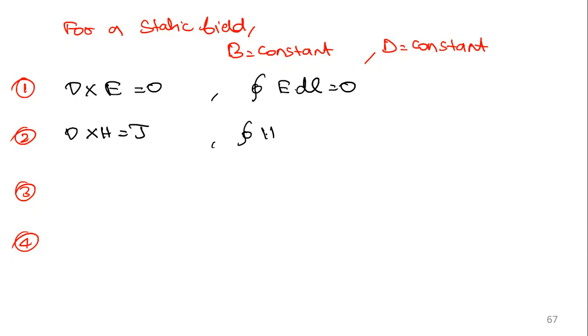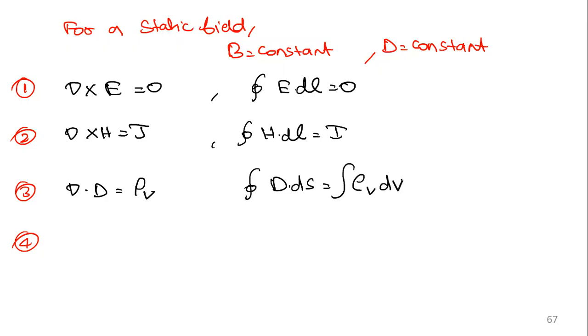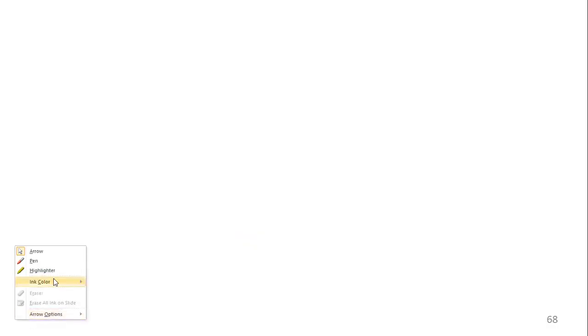Then integral H dot dl is equal to I. Then del dot D is equal to rho V, and integral over S D dot ds is integral rho V dV, and del dot B is equal to 0, so integral over S B dot ds is equal to 0. This is for a static field. Same thing we have studied.